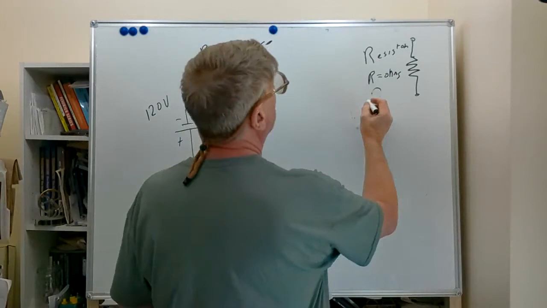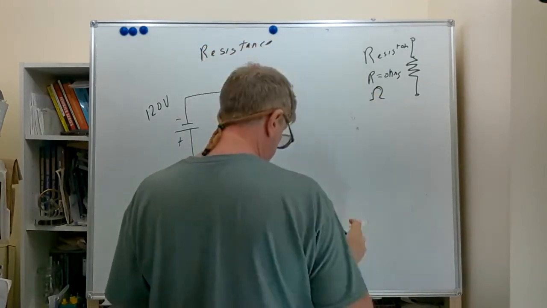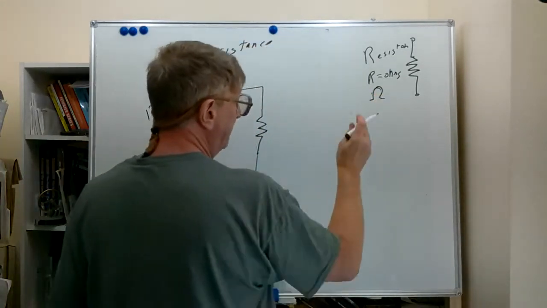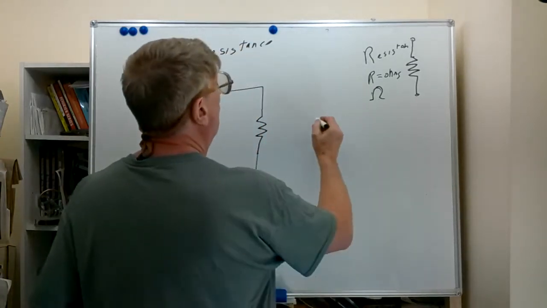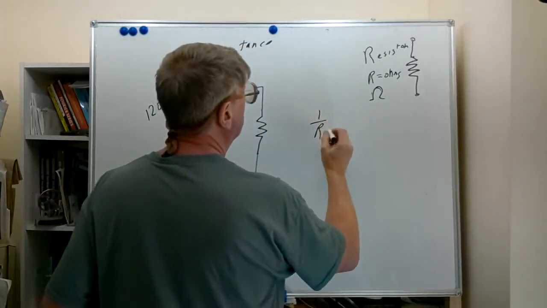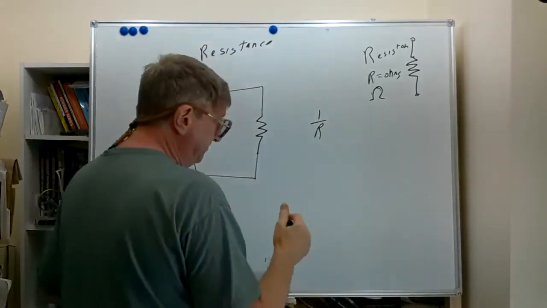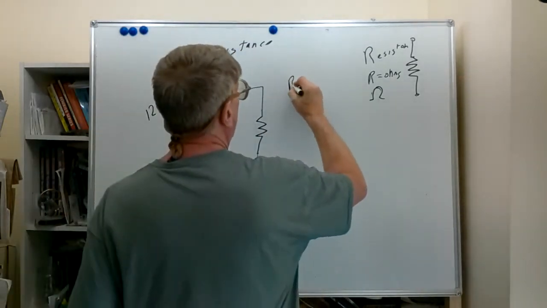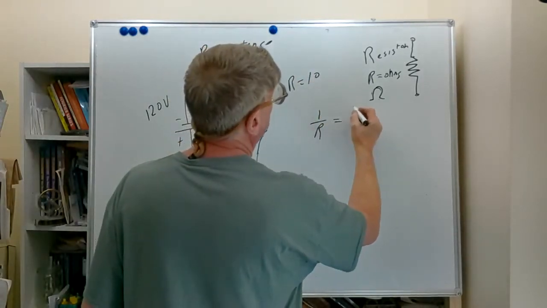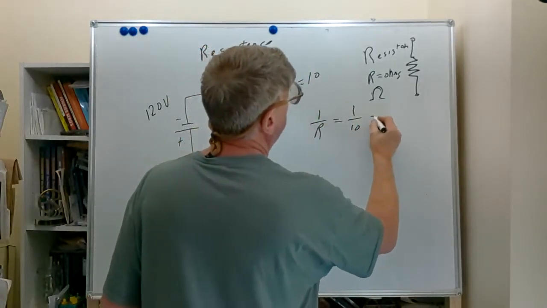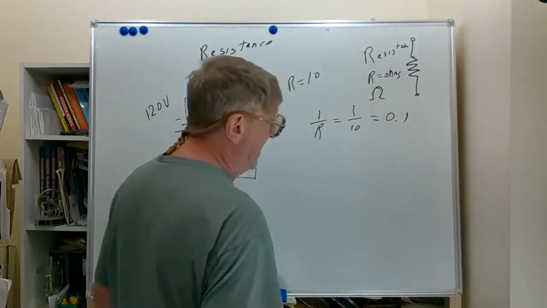Sometimes we use what's called conductance. And conductance is very simple. It's just 1 over the resistance. So if we had R equal to 10, 1 over 10 would be equal to 0.1 or 1/10.